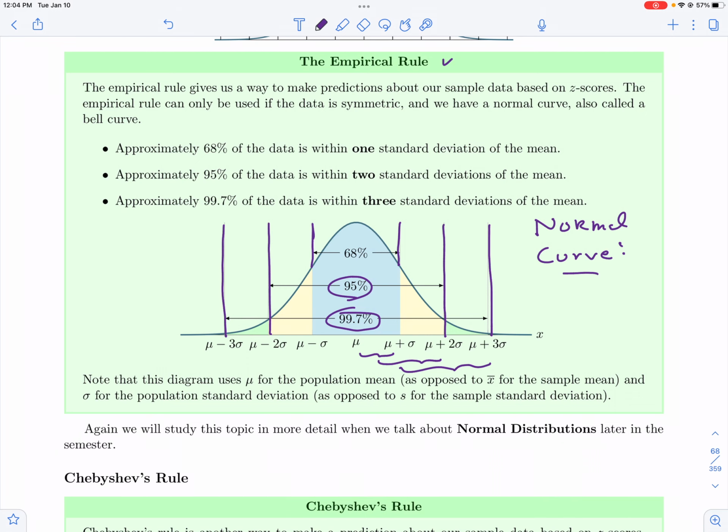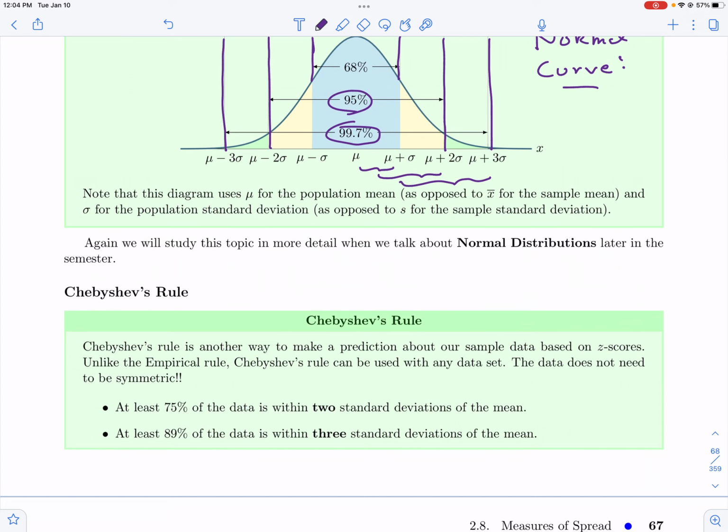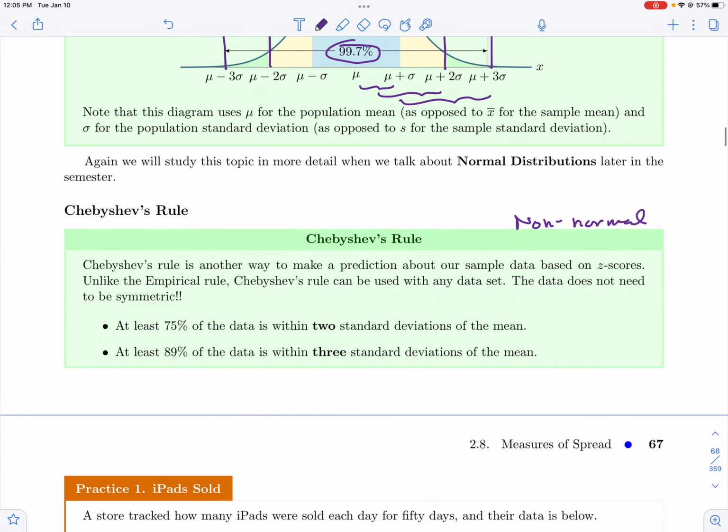Now, if our curve isn't normal, we can still talk about standard deviations in terms of percentages using Chebyshev's rule. This only applies to non-normal curves, ones that aren't symmetric, so it might look something like this, for example. Notice we don't talk about one standard deviation, so we start off with two standard deviations.